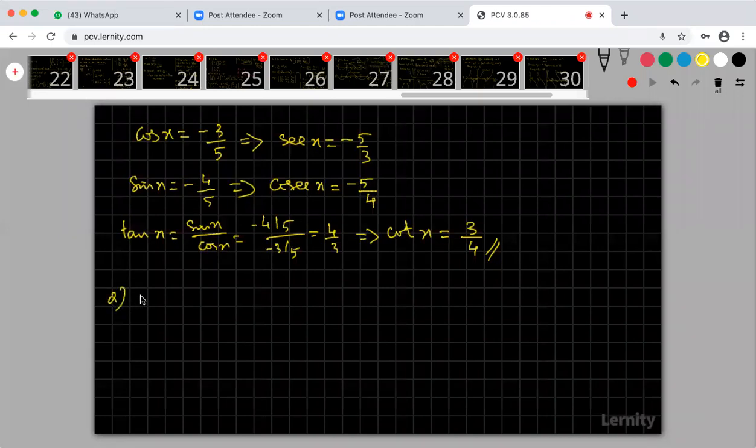Take the second problem. If cot x is equal to minus 5 by 12, and x lies in the second quadrant, find the value of the other trigonometric functions.